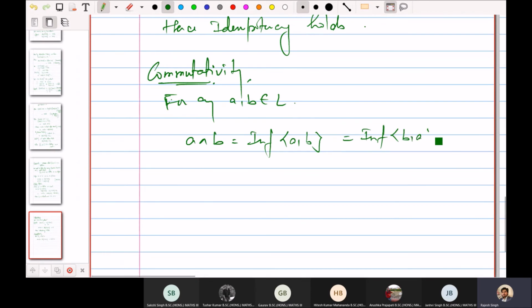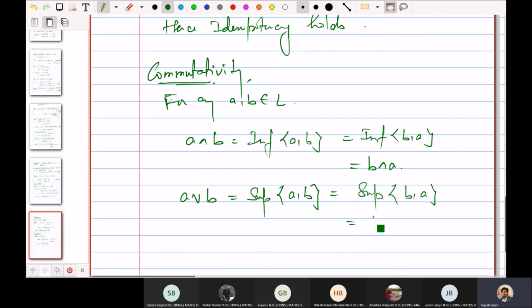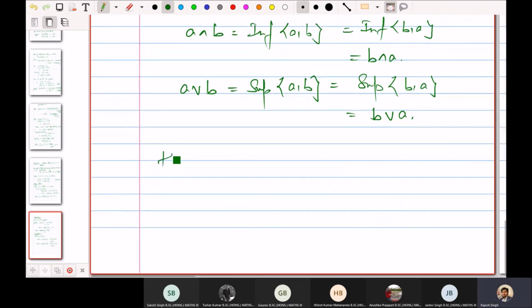Infimum of BA, which is equal to B cap A, and A cup B is equal to supremum of AB, which is equal to supremum of BA, which is equal to B cup A. So hence cap and cup are commutative over L. ठीक है, so commutativity भी हो गई.